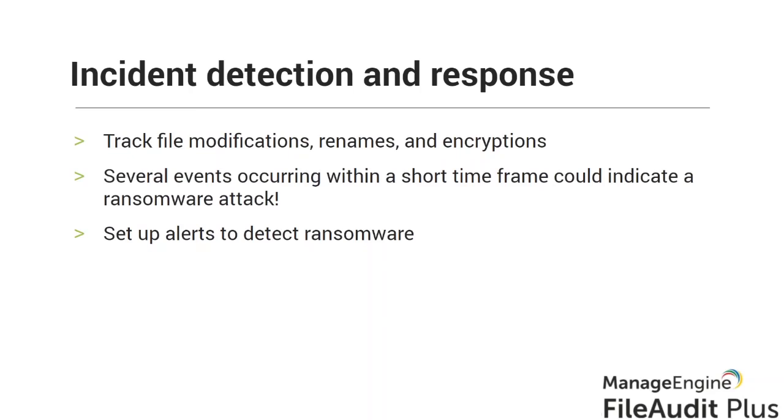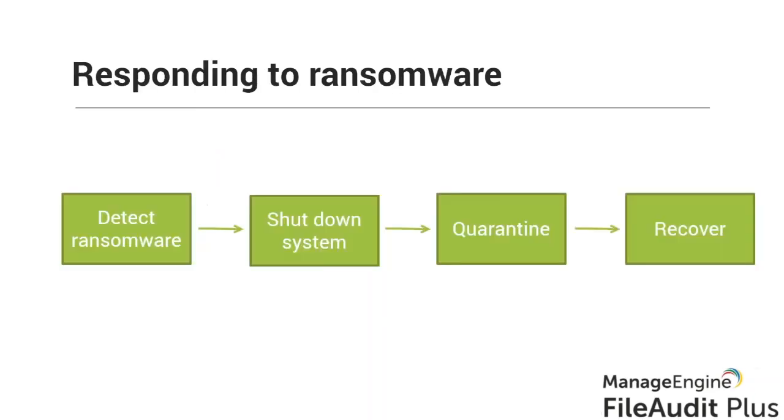So this is a must. The solution that we are looking for is quick incident detection and response. So what this means is you need to have auditing set up in your environment so that you are continuously tracking all your files and folders, and in this way you can detect potential ransomware activity.